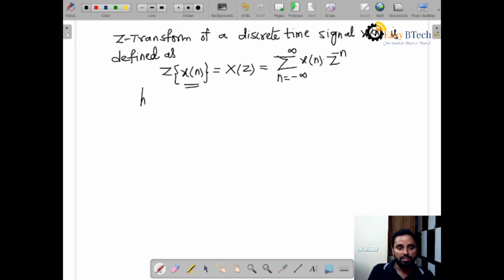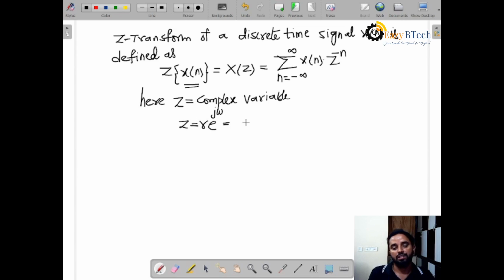Now here Z is a complex variable, which contains a real part and an imaginary part. In polar form we can write Z is equal to r into e power j omega.